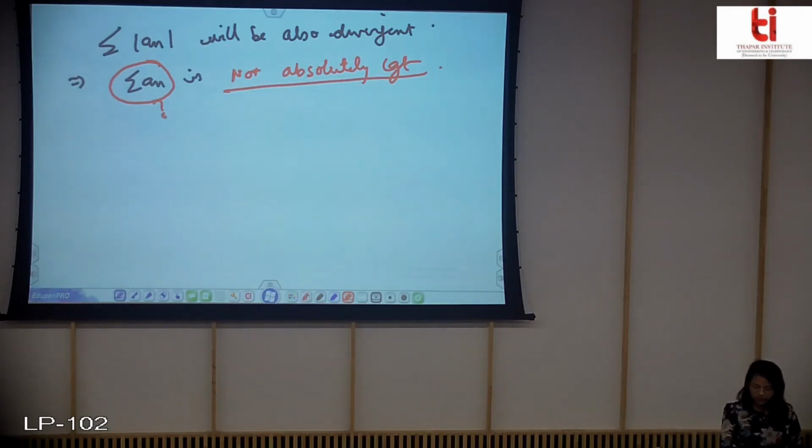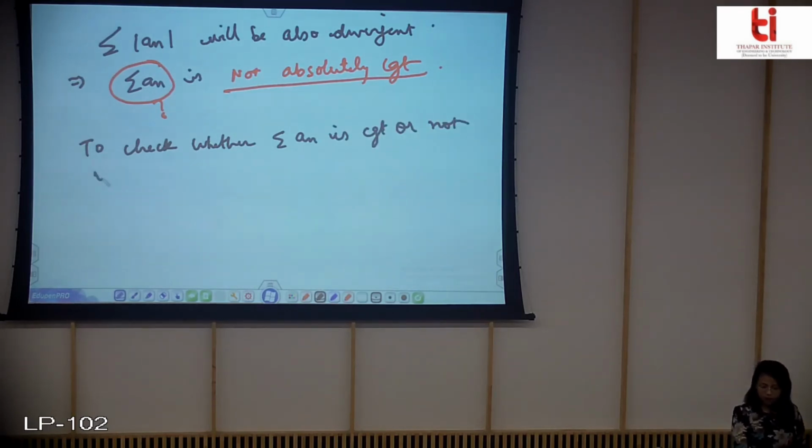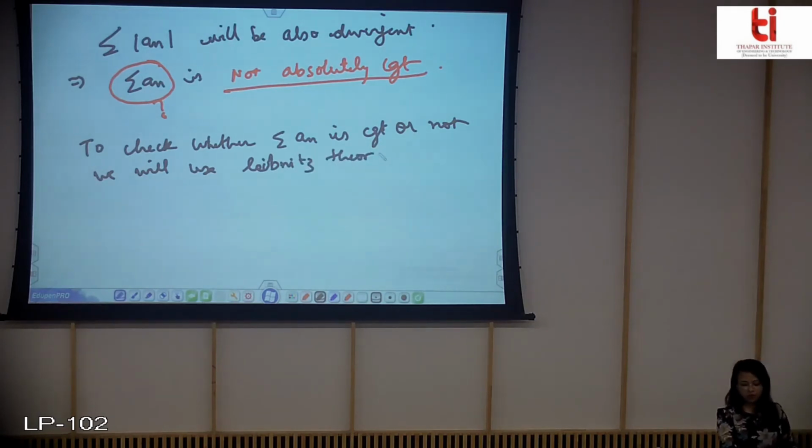So let's apply the Leibniz test. To check whether summation of a_n, that is our alternating series, is convergent or not, we will use Leibniz theorem or alternating series test.